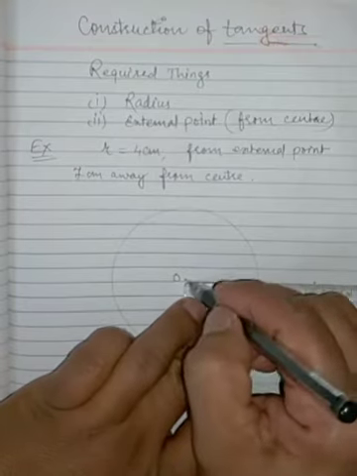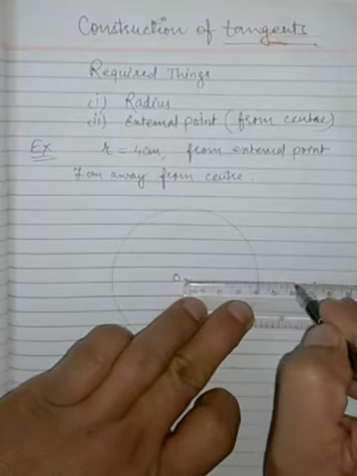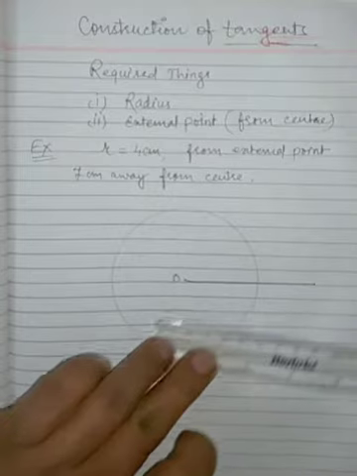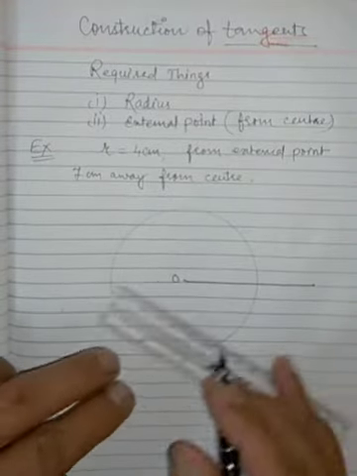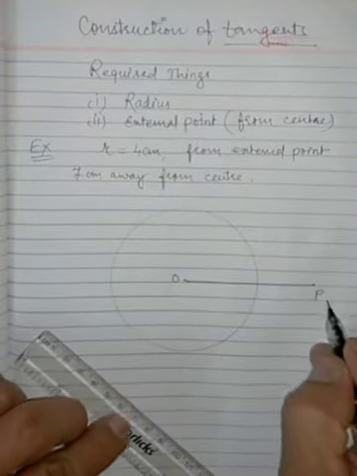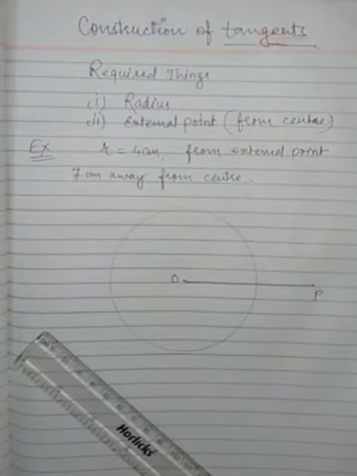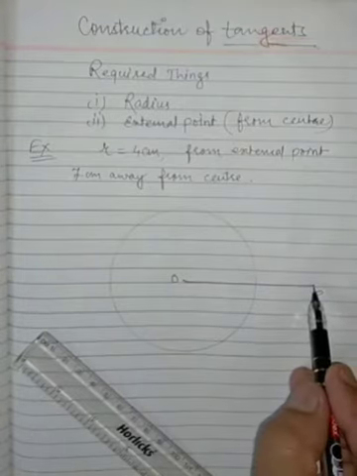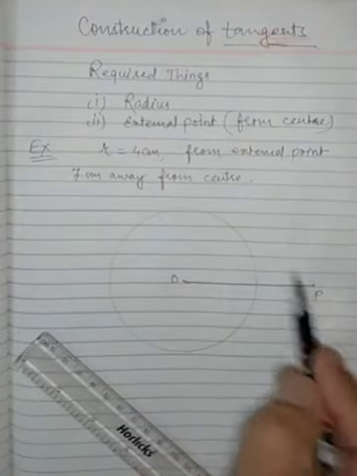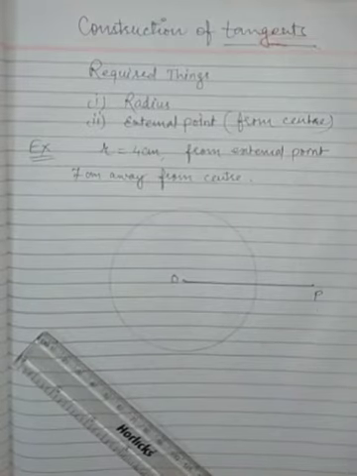Now this we have to join. Let P be our external point from which we have to draw pair of tangents at the circle.